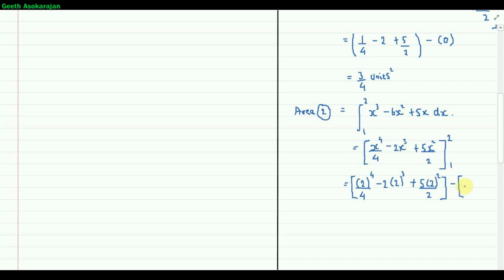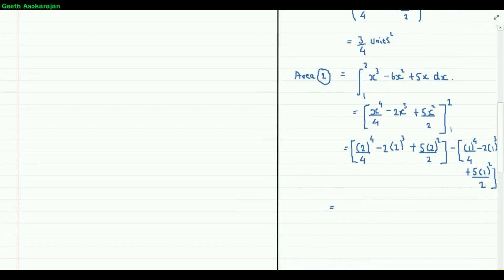Let's replace x by 1 then, so 1 to the 4 over 4 minus the 2 x replaced by 1 cubed, plus the 5 into x replaced by 1 squared over 2.